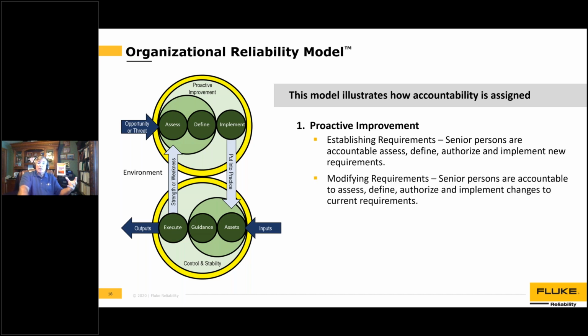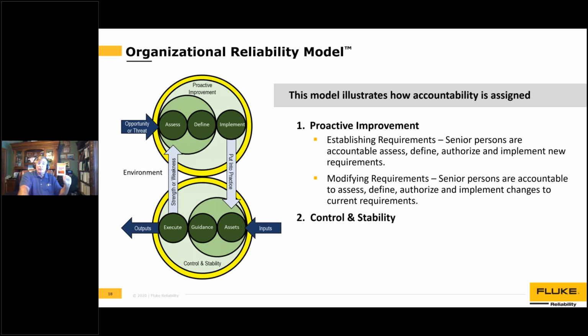They're also accountable to do the same things for modifying current requirements. And when I talk about requirements, I'm talking about guidance, which is policies, plans, processes, procedures, and measures, as well as the assets that are required to carry out that guidance. So the top half of the model is senior people establishing and modifying requirements.